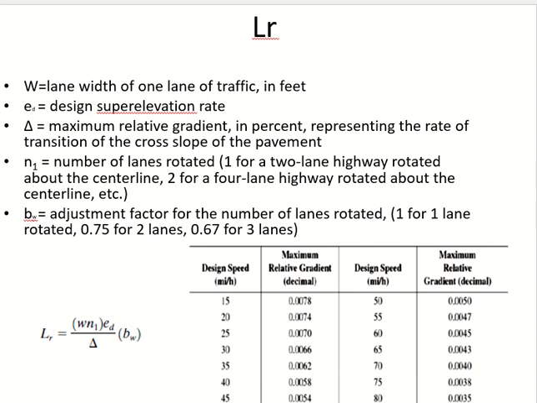Clear? If it was 4 lanes without median, then the center line is the center line of the road. So then N1 will be 2, because you will consider the 4 lanes total.